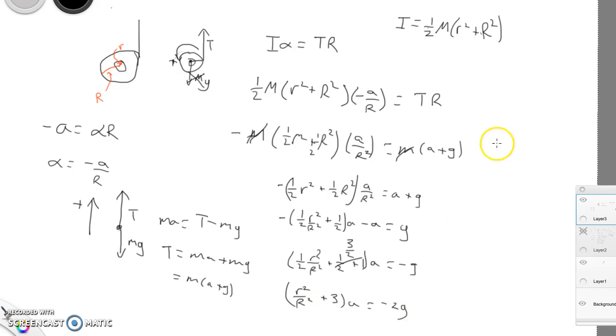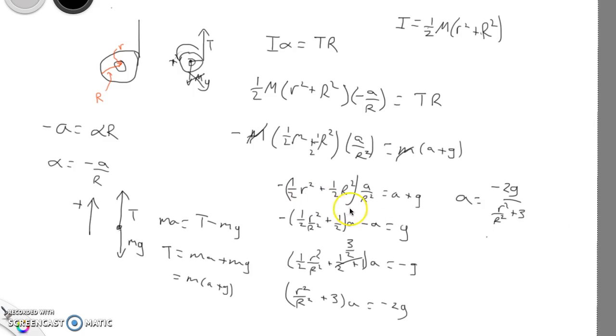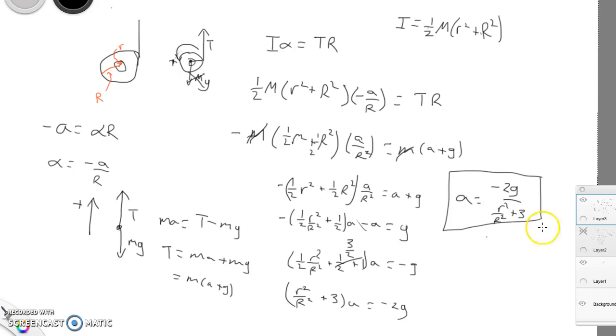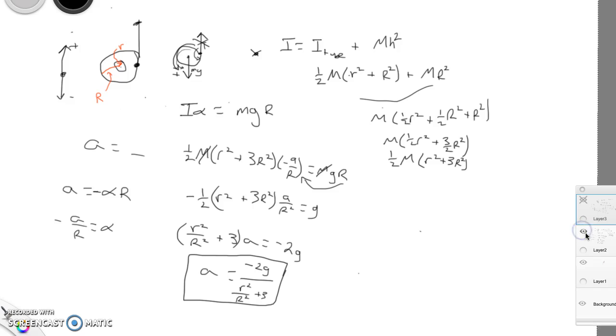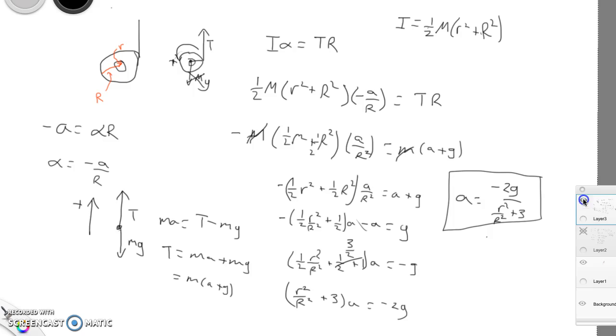And finally we'll divide this over and get A equals -2G over little r squared over big R squared plus 3. And so this is the same answer that we got from the previous one. So we've gotten the same answer two different ways.